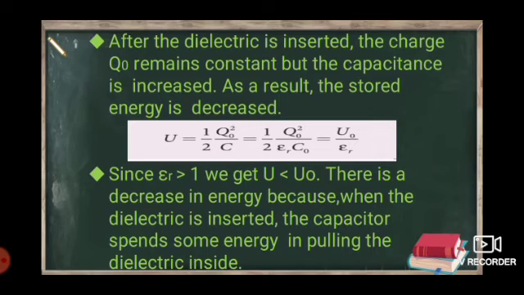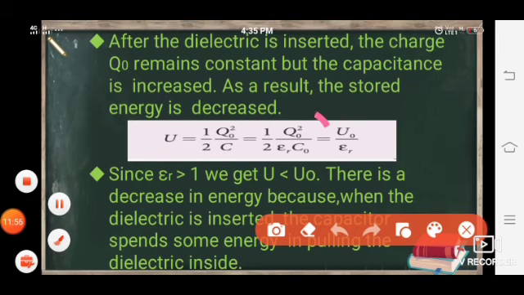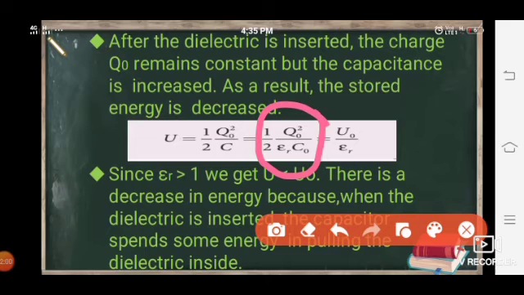As a result, the energy stored is U is equal to 1 divided by 2 Q naught square divided by C. We know the value of C, so substituting it in this equation, C is equal to epsilon r into C naught.